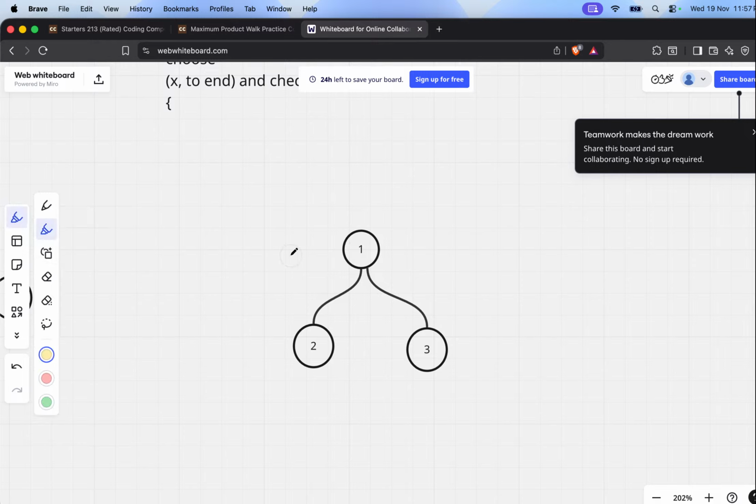Okay, we need a highlighter. We can start at any particular node, let's say here, move to any of the neighbor nodes, then come back to that node and move to the next node as well. That is, any particular path that can be taken is defined as a walk.